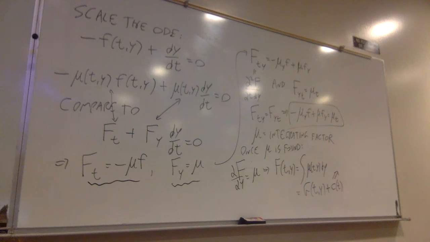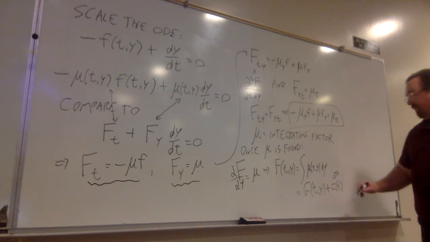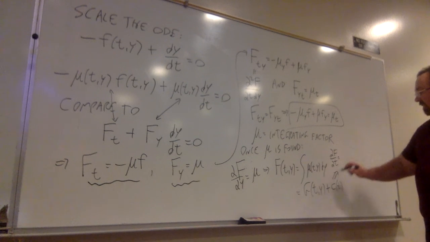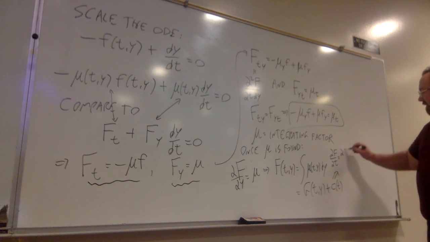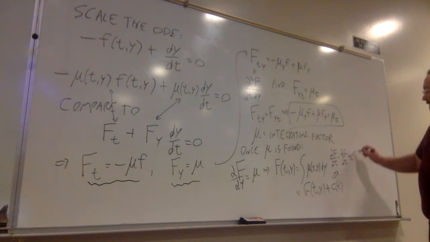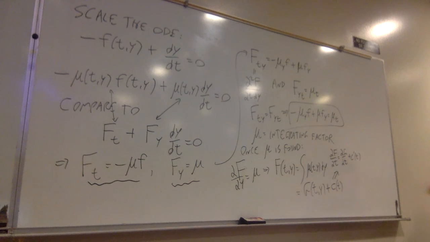So what I can do is I can differentiate both sides of this with respect to t. So now df dt is equal to the derivative of this with respect to t plus c prime of t. And that has to be equal to minus mu times f.